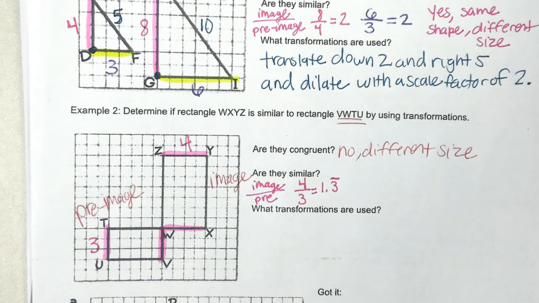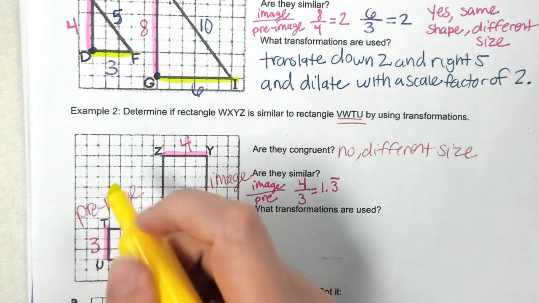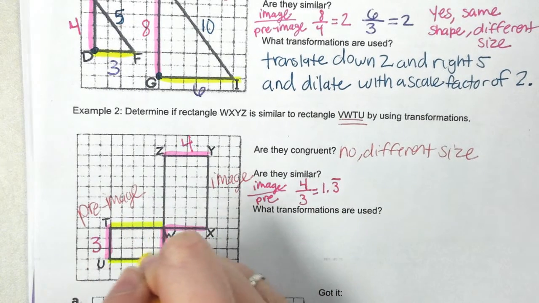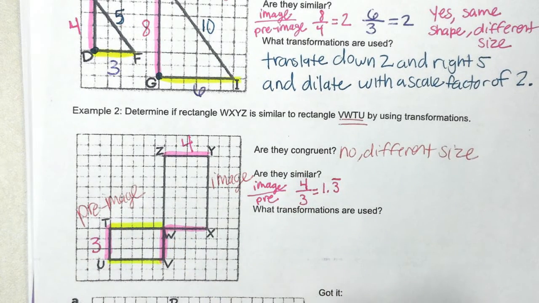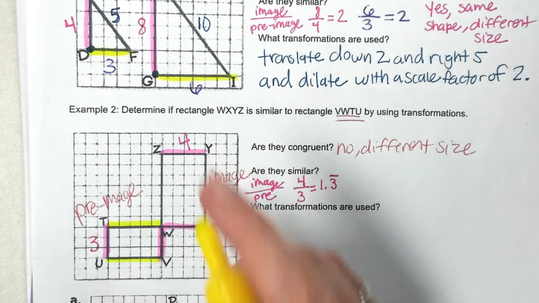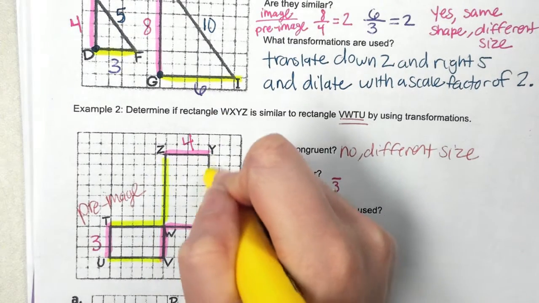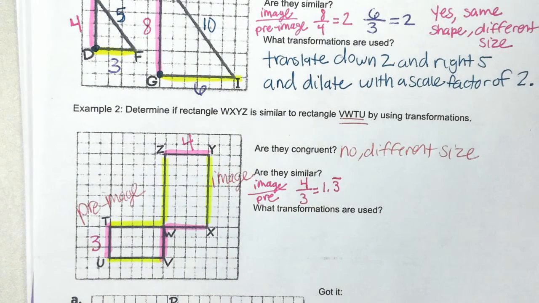Now we're going to go with the other sides. I know that since it's a rectangle, TW and UV are going to be equal to each other because that's just the way rectangles work. The opposites are the same length and they're parallel. So ZW and YX are going to be the paired up ones on the other rectangle.